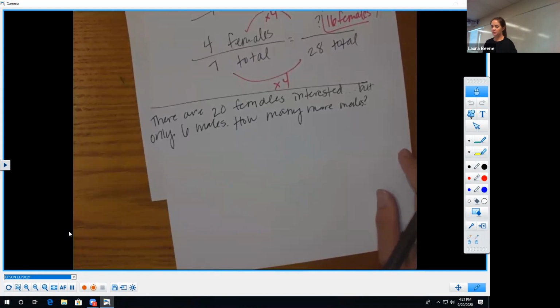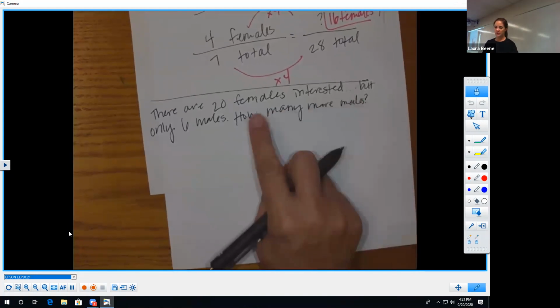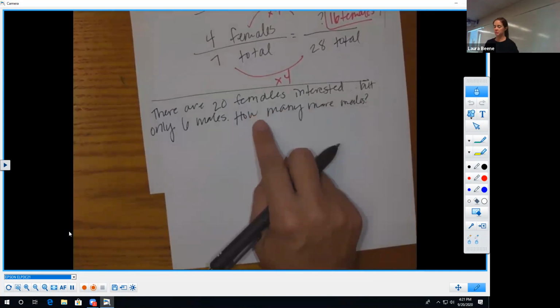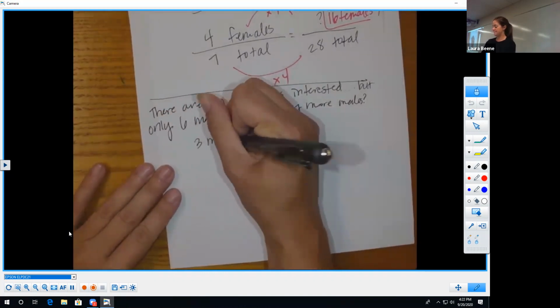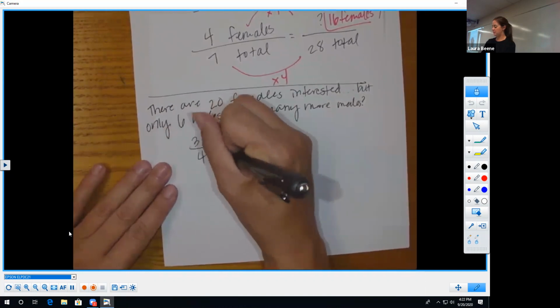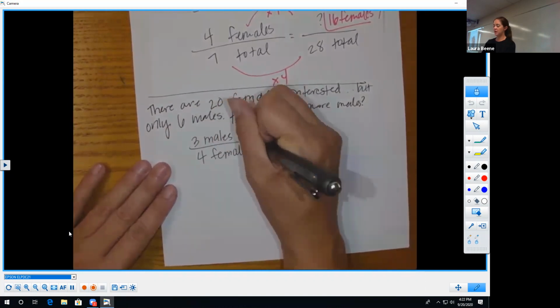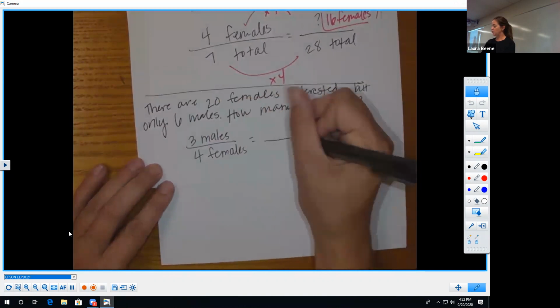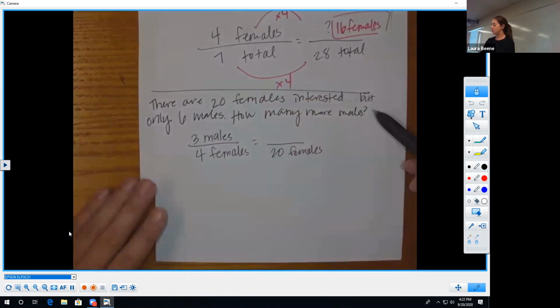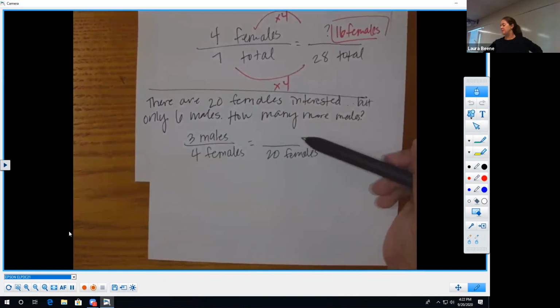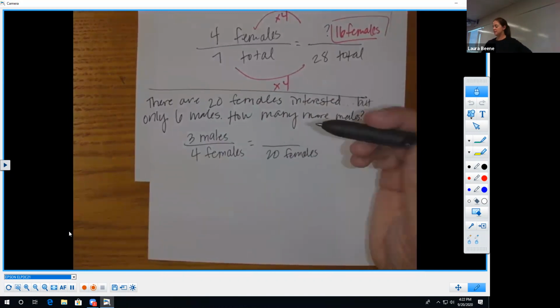Okay, so this is the one where we're looking for males, and they told me females. This is one where I can use the part-to-part ratio. I was told it's 3 males for every 4 females. That's the ratio I need. I have 20 females. They told me I have 6 males already and I need to figure out how many more I need. So let's not put 6 here.